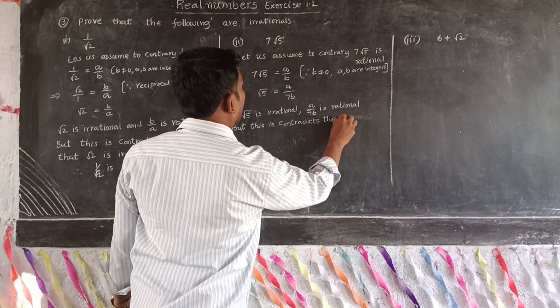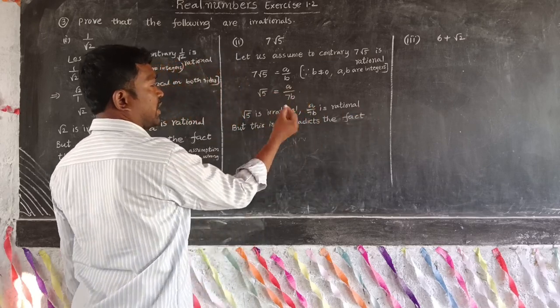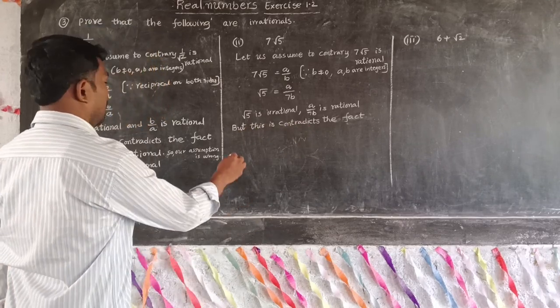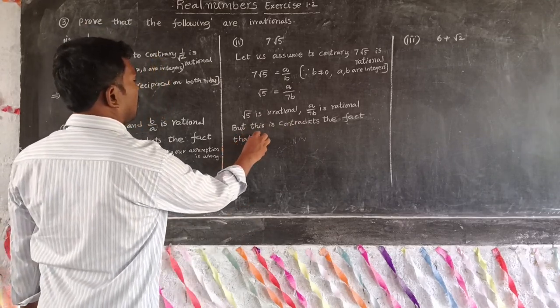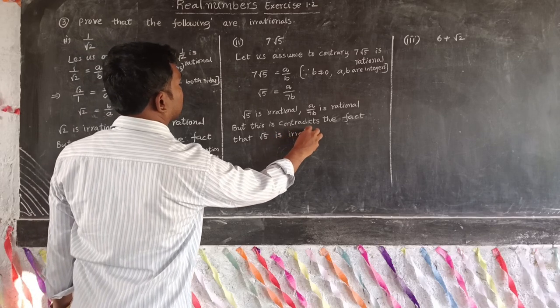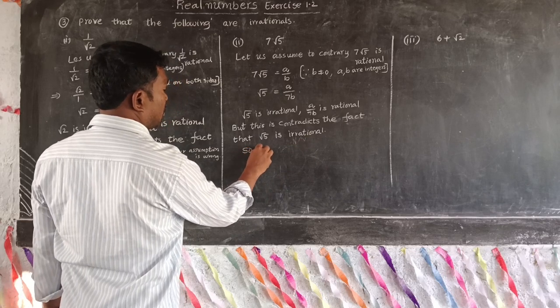Contradicts the fact. Fact means equal. Rational and irrational are both not equal. But this contradicts the fact that root 5 is irrational. So our assumption is wrong.